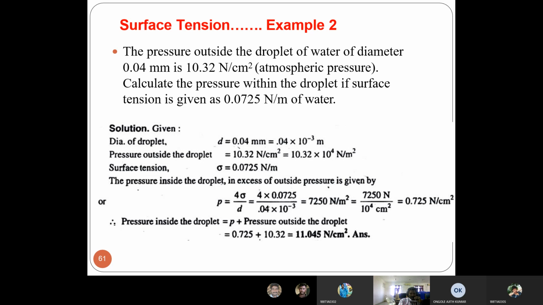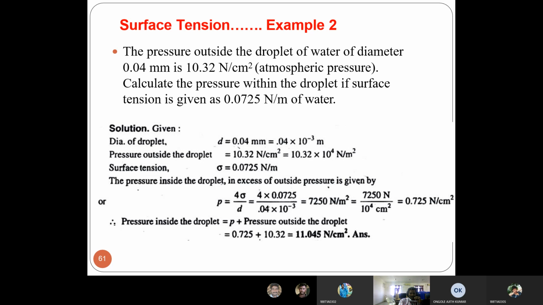Surface tension sigma is equal to 0.0725 Newton per meter. The pressure inside the droplet in excess of outside pressure is given by P is equal to 4 sigma by d. Why? Because this is a droplet. That is why we get only 4 sigma by d. Substitute all the values.